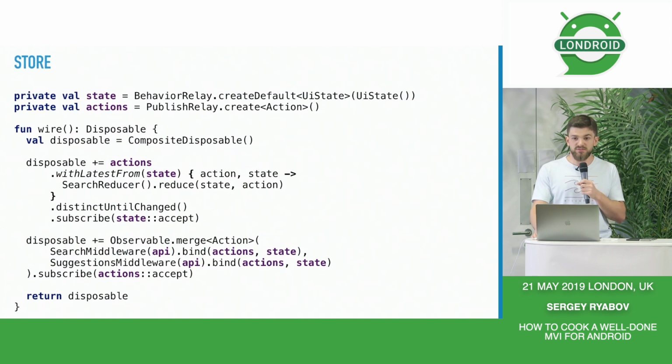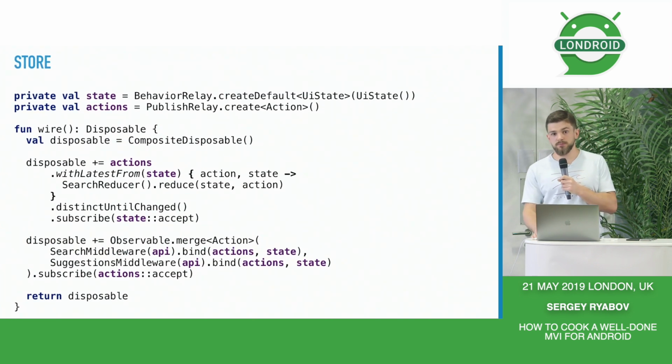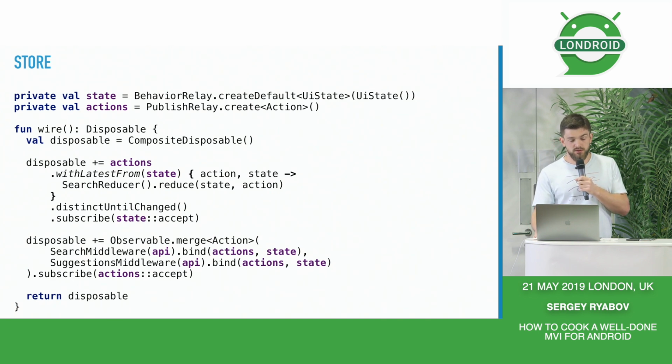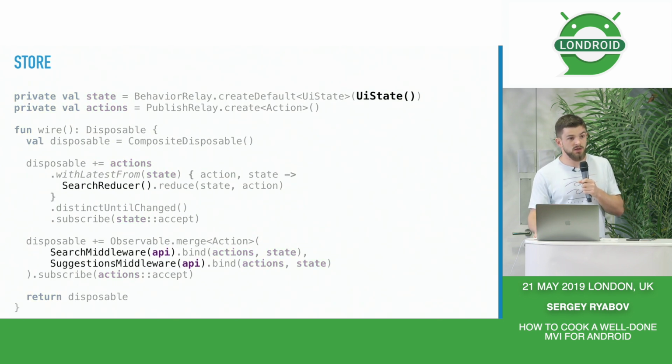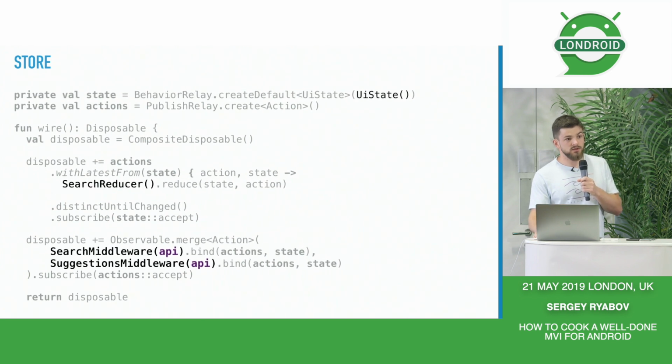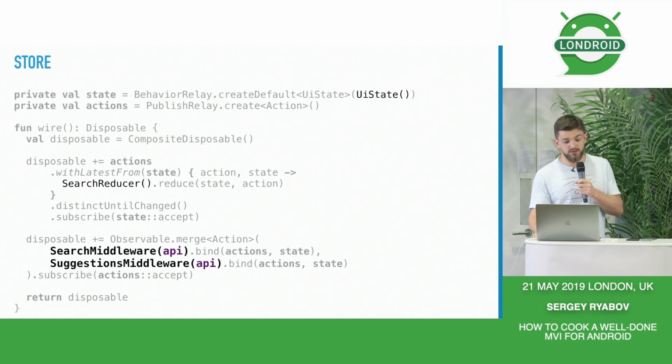When this feature is completed and we start a new one, we may end up in a situation of copy-pasting basically the same structure of a store and implementing this once again. But the only part that will be different is this UI state, that's our initial state basically for the interaction, the reducer, and the number of middlewares that will perform side effects.